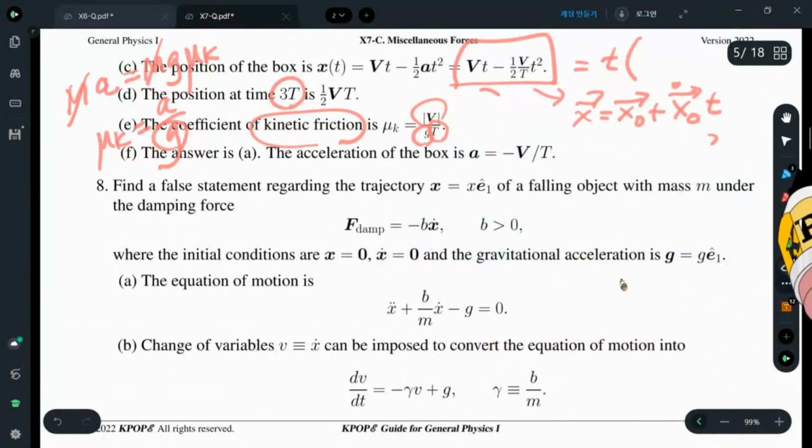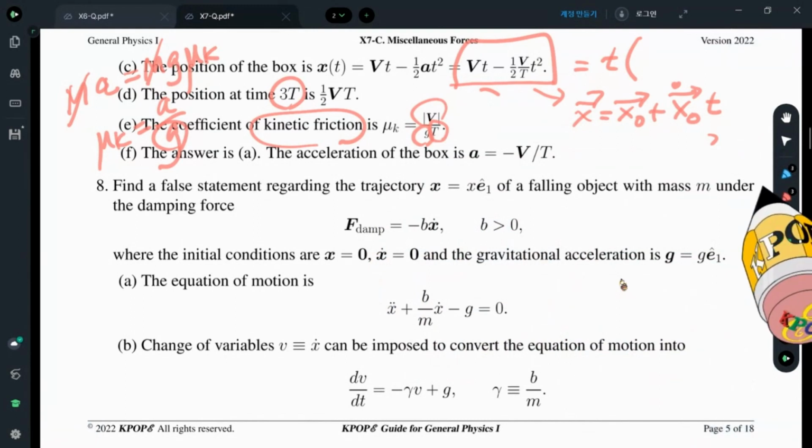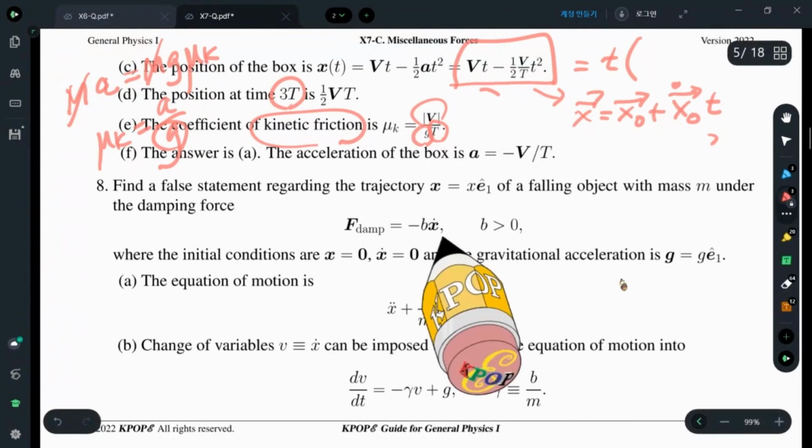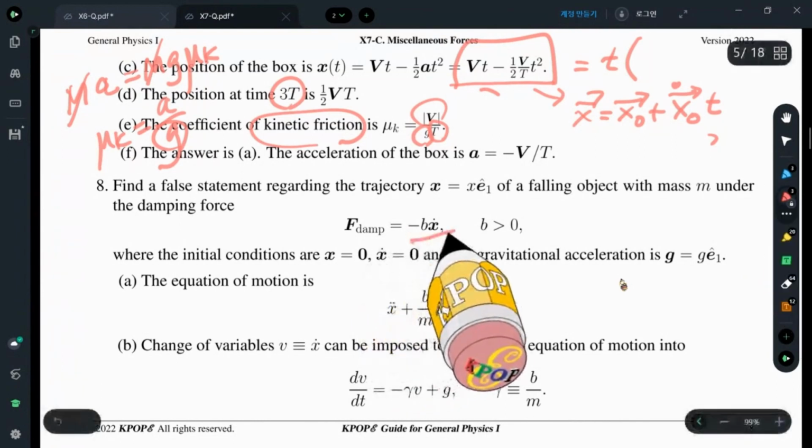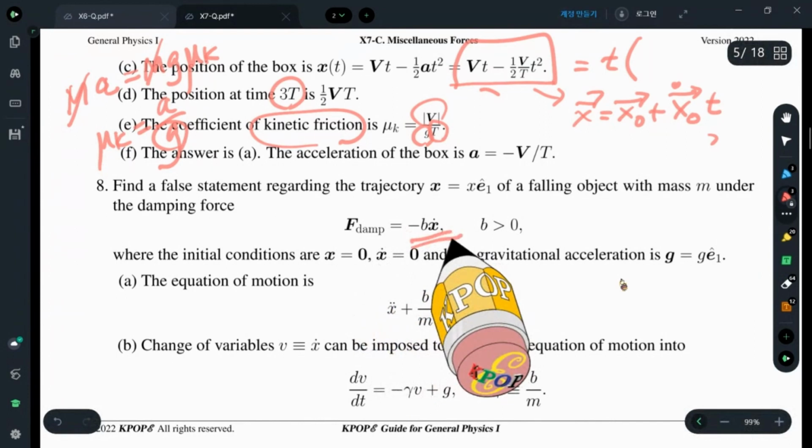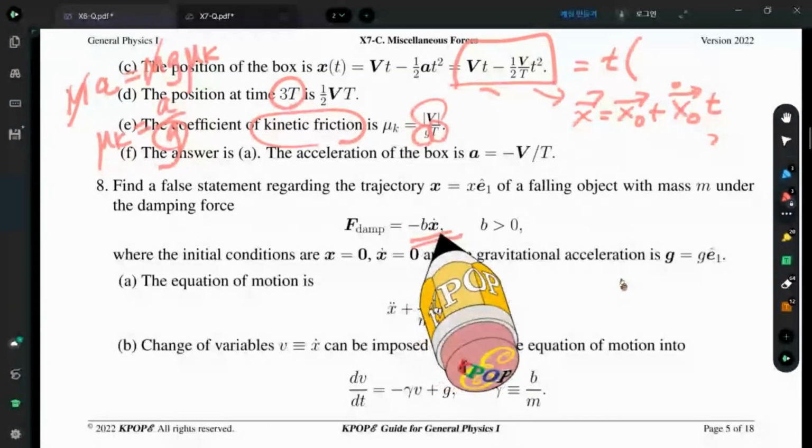We have a damping force. Because of the air friction, one cannot arbitrarily accelerate. This one shows the simple modeling of the damping force as a linear function of v, but in practice, if the velocity increases, a power dependence appears.